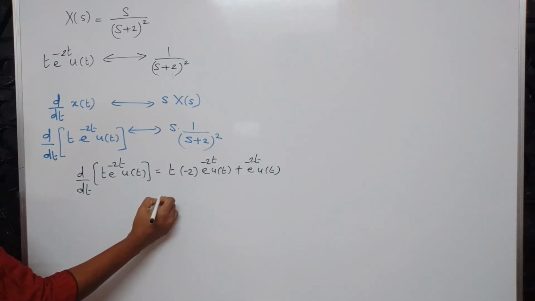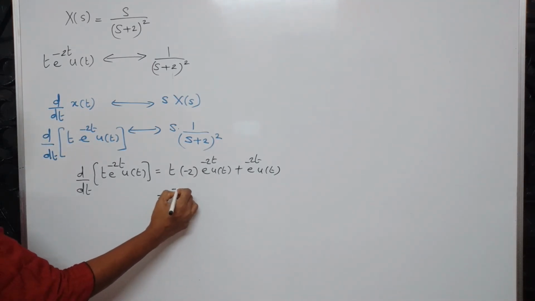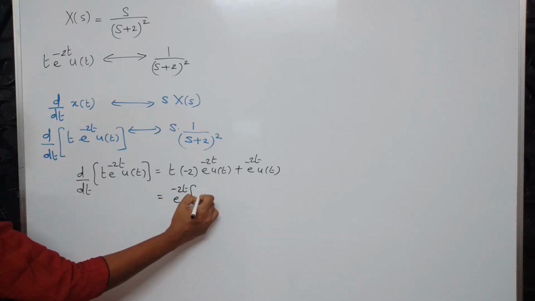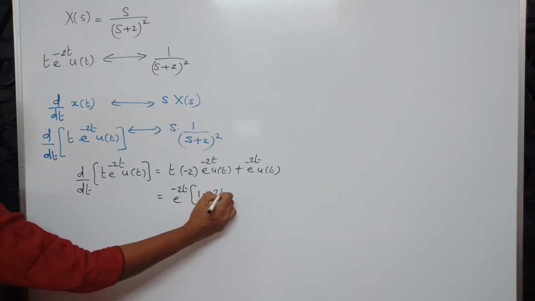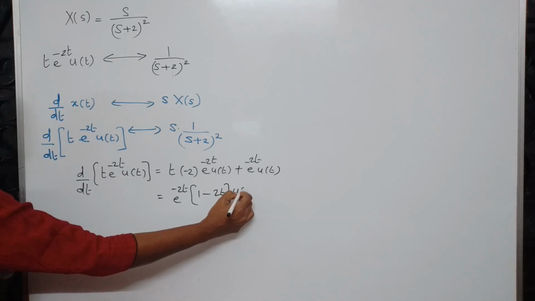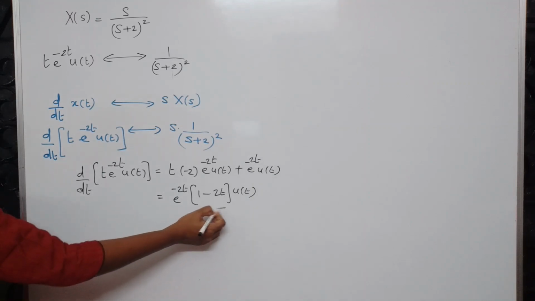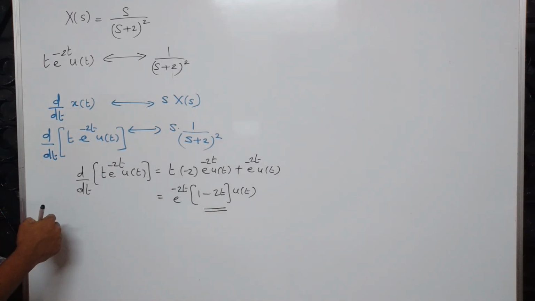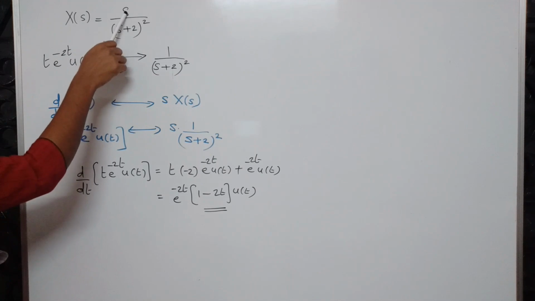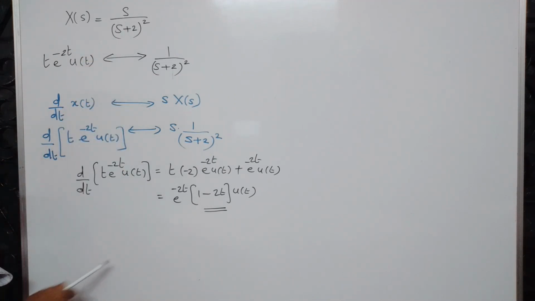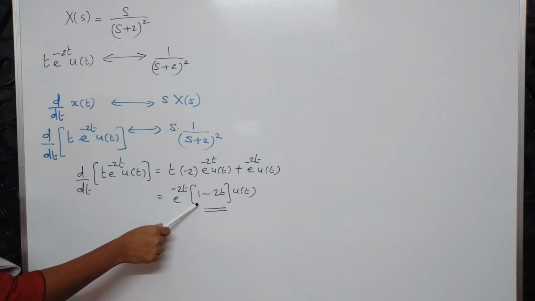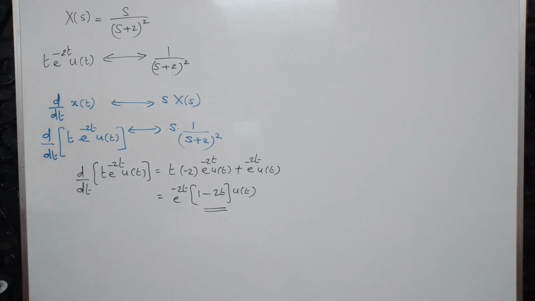Or this can be written as e raised to minus 2t into 1 minus 2t u of t. Now if you don't write u of t also, it's fine. So this is the inverse of s by s plus 2 the whole square: e raised to minus 2t into 1 minus 2t u of t.